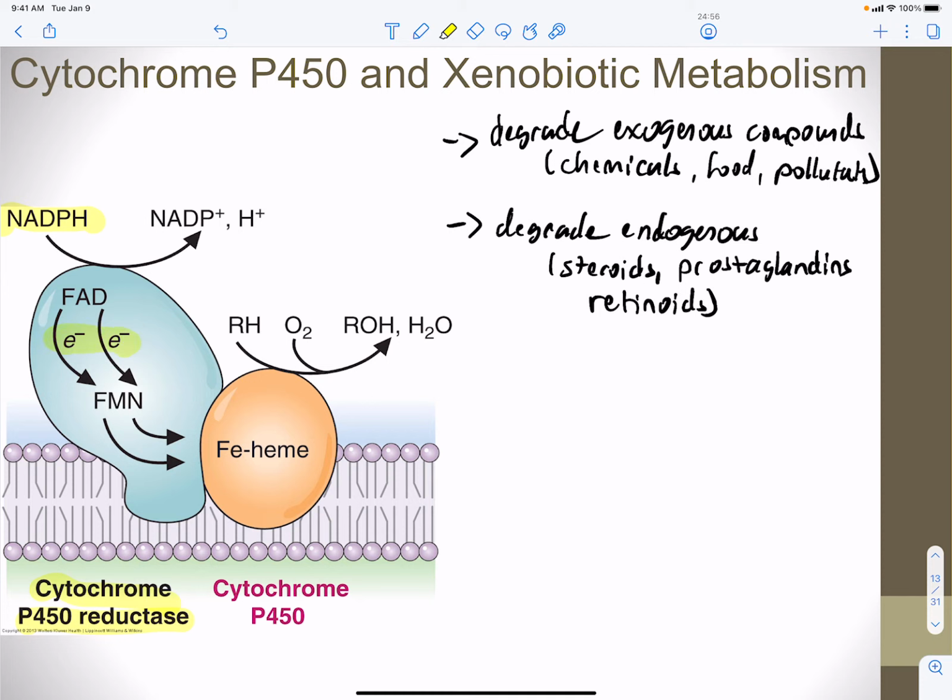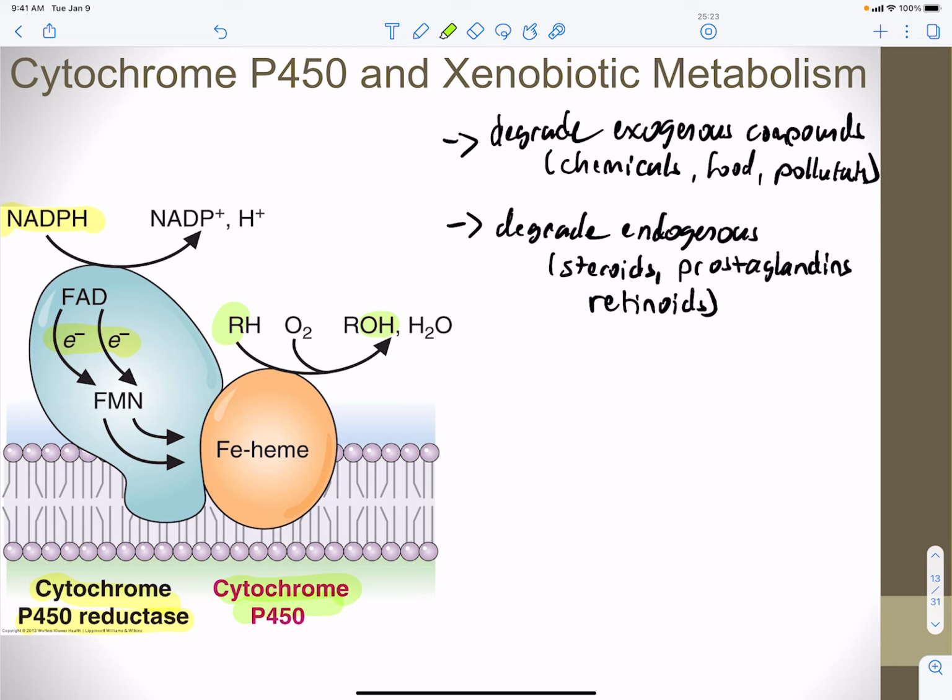And you have your cytochrome P450, which is where you get your R, which, in this case, we're talking about xenobiotics, so your R is going to be the xenobiotic. And then you have oxygen, and so you're going to add this OH group to your xenobiotic. And then again, this will make it able to be sulfonated or have a glycine added to it or something, and so it can be excreted.